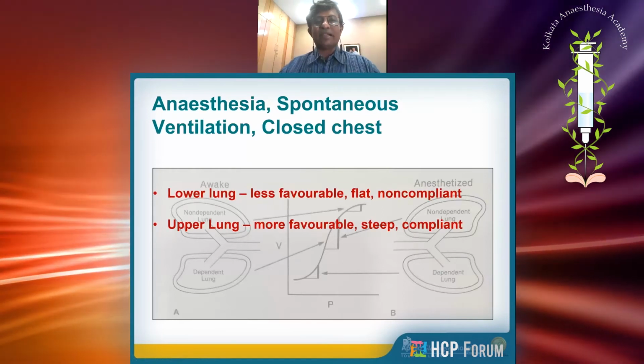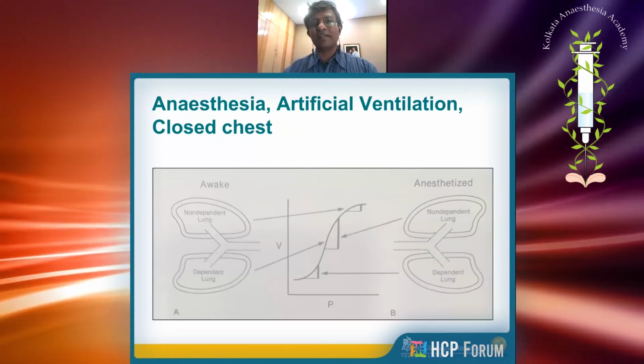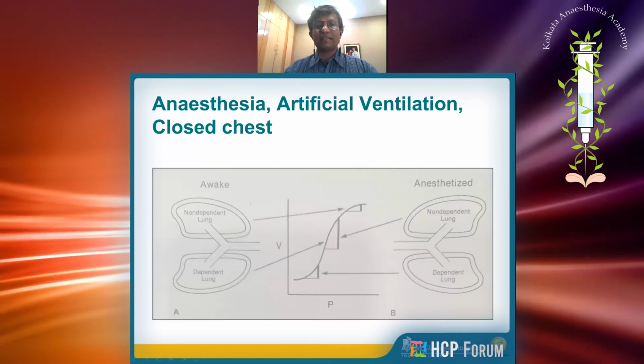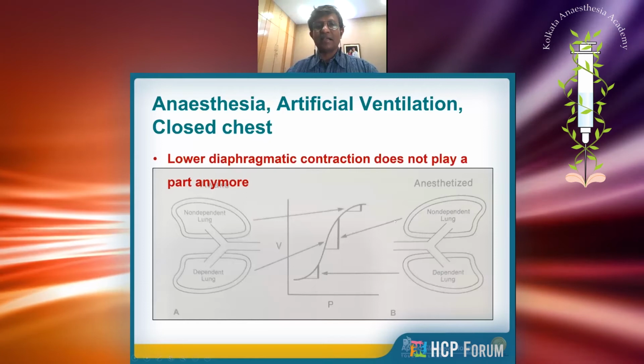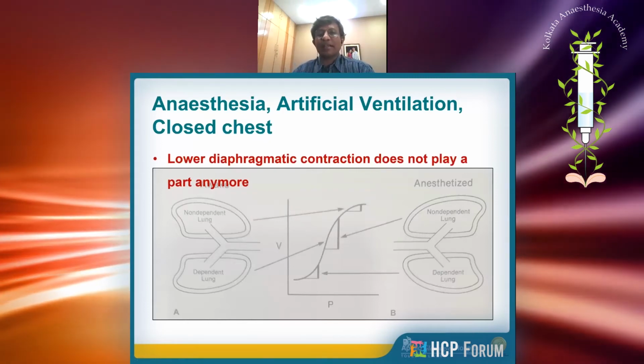What happens if I give a paralytic agent and start artificially ventilating in this lateral decubitus position? This is the awake state and this is the anesthetized state. In artificial ventilation, I have given a paralytic agent.